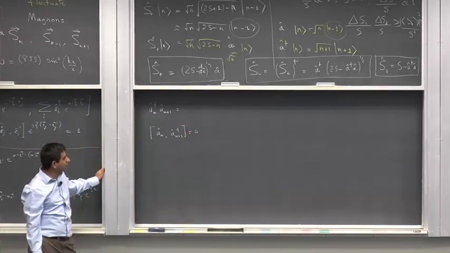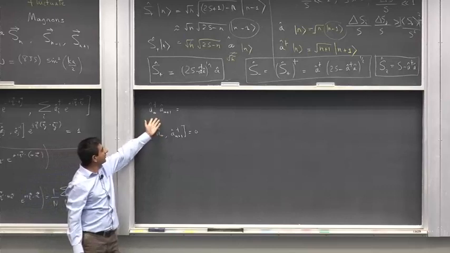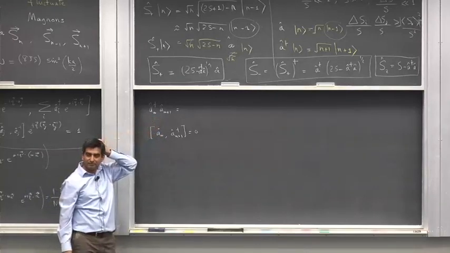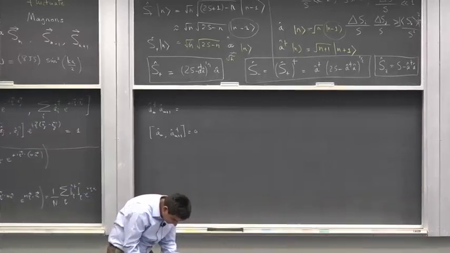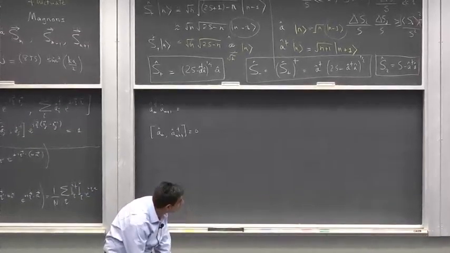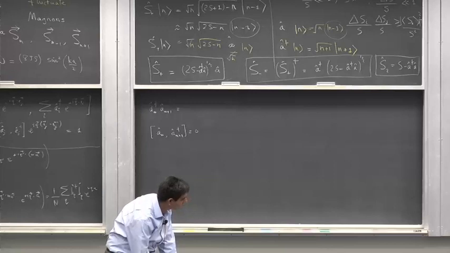So what I could do is reverse the order here: am dagger, am plus 1, am plus 1 dagger, am.